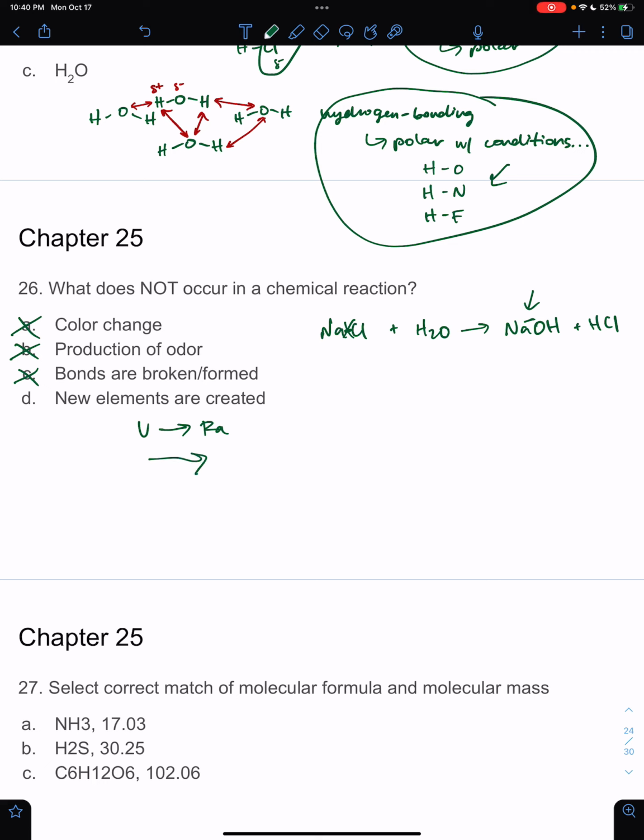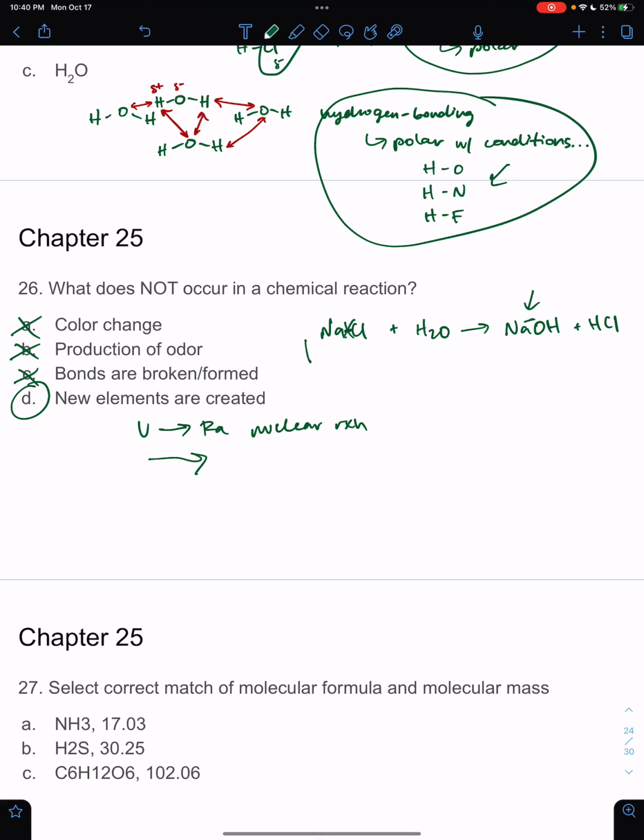In this case, I just put radon. So this one indicates a nuclear reaction, which is different than just a chemical reaction. So this one is not a chemical reaction.